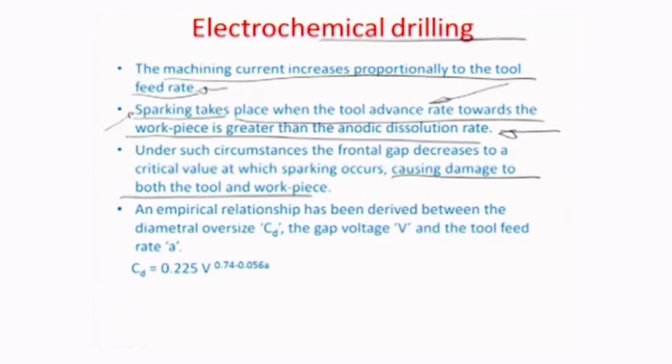So, of whatever has been experimentally determined, there exists this empirical relationship between the diametral oversize CD, which is actually equal to the workpiece dia minus tool dia.